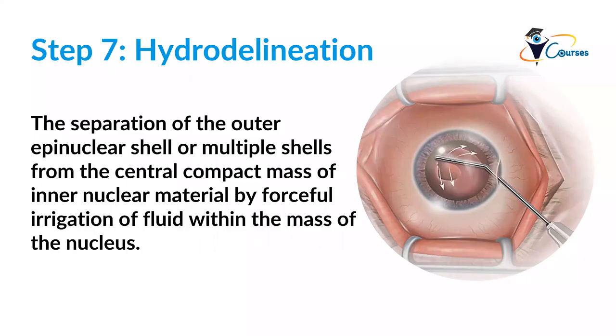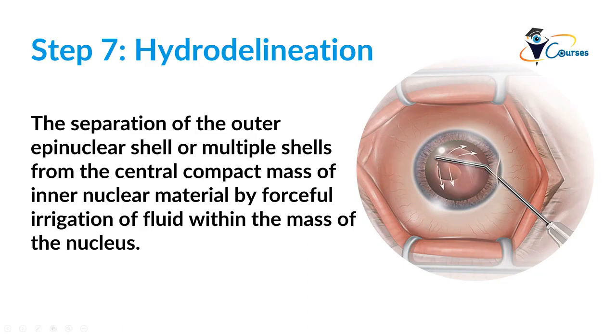So what should we do? We do another thing called hydrodelineation. In hydrodelineation, we use the same technique as hydrodissection, but we just separate the nucleus from the epinucleus. So why do we do this?